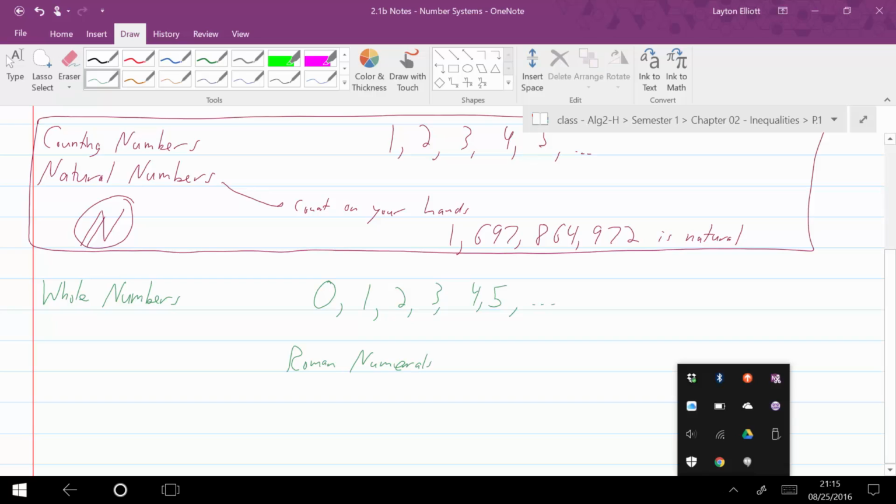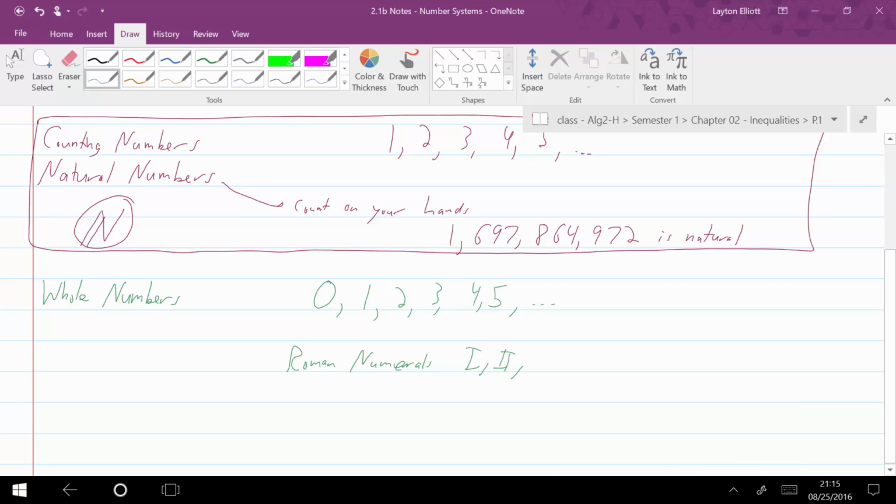And when you learn how to count with Roman numerals, 1, 2, 3, and so on, you don't actually have a 0 element. In fact, their 10 is just an X, their 100 is just a C, but you don't have Roman numerals that have an actual 0 in them. So Roman numerals did not have that.